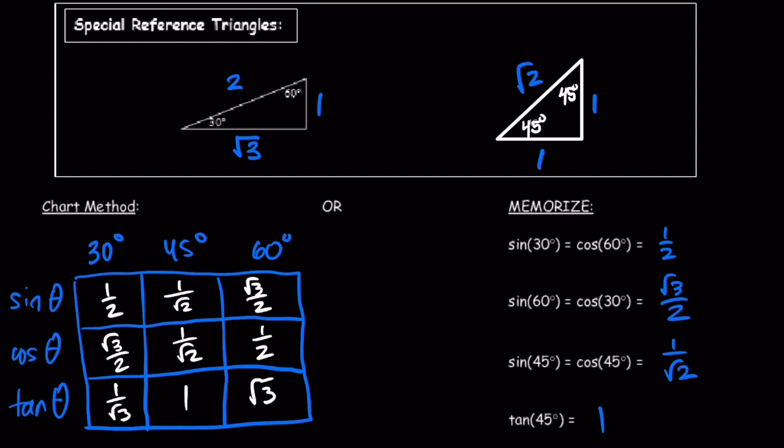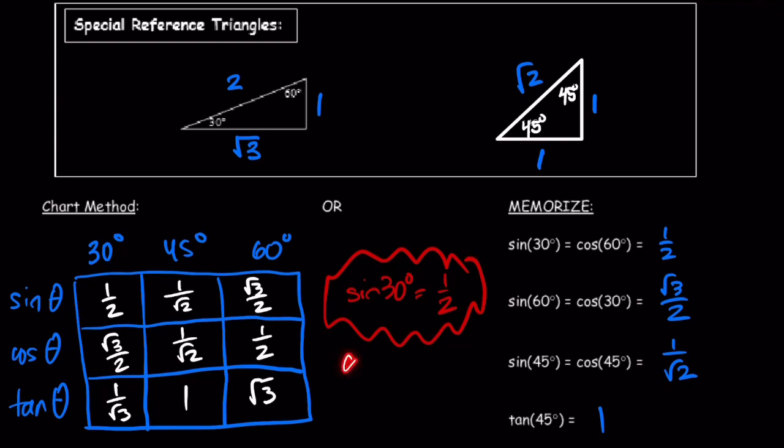The one biggie to memorize, if you're going to memorize one of them, this is what I do, and I base all my others off of this. Sine of 30 degrees equals 1/2. So when doing this, I can do it without drawing a triangle or thinking of a chart if I just remember this. So what I remember is if sine 30 is 1/2 and I have to find cosine of 30, I know it's not going to be equal to that.